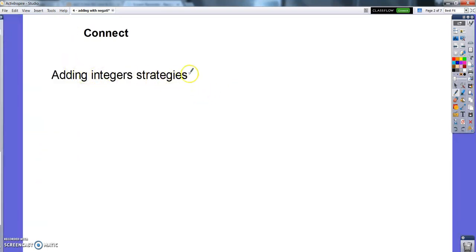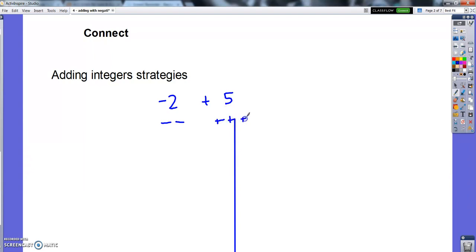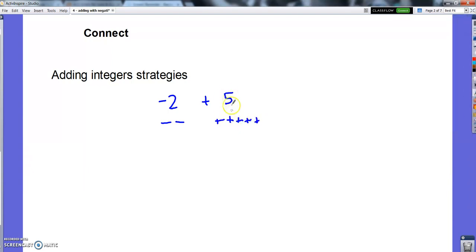The adding integers strategies we learned, two. The first one was symbols or counters. We would draw a certain number of symbols, +5, -2, make a 0 out of some of them, and then add what was left and get 3.